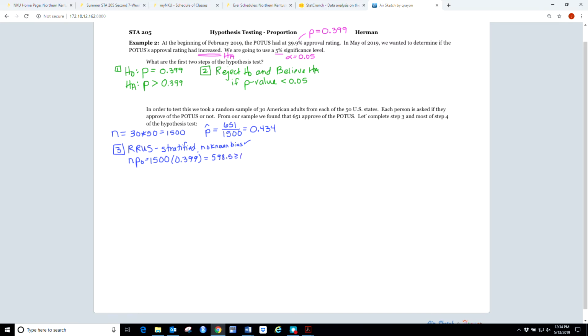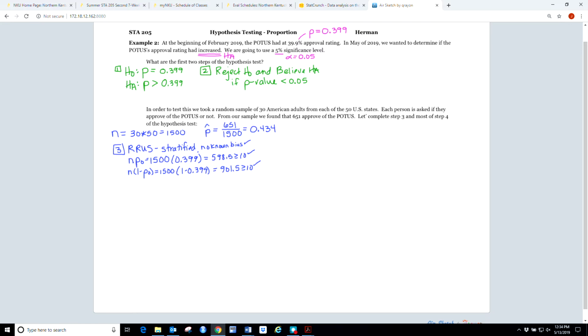And yes, that is at least 10. And then our n times 1 minus our p0 is going to be 1,500 times 1 minus that 0.399, which gives us 901.5, which is also at least 10. So now my conditions are met.